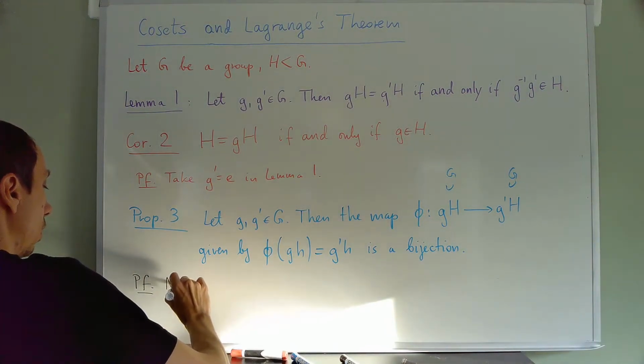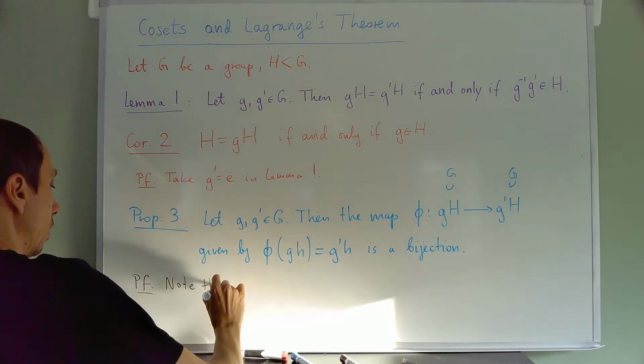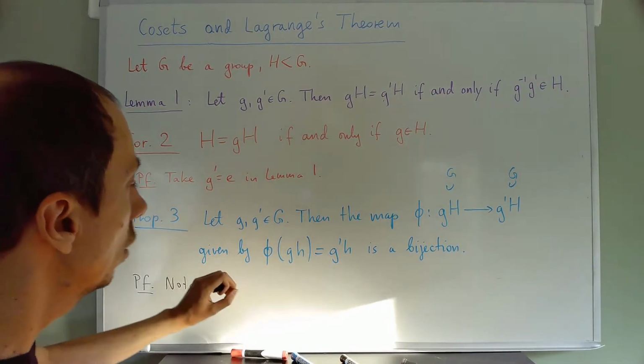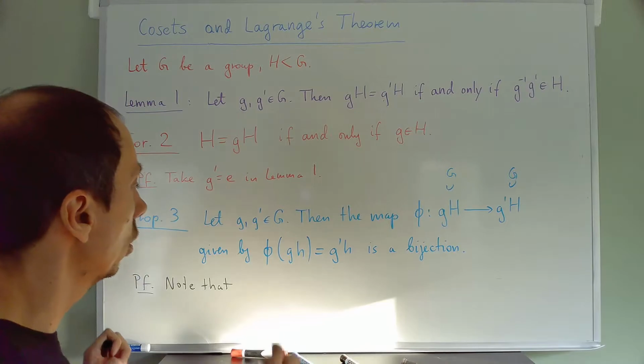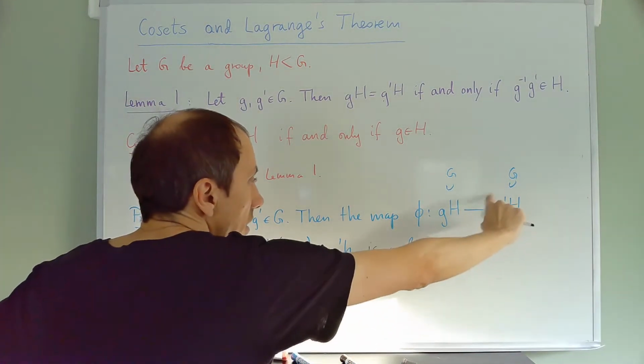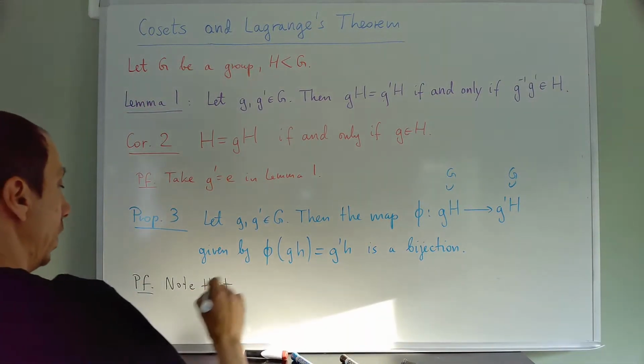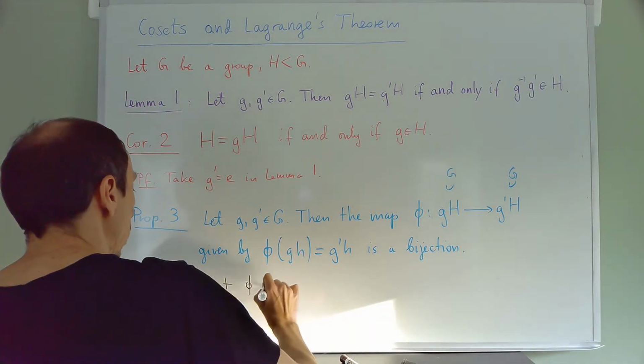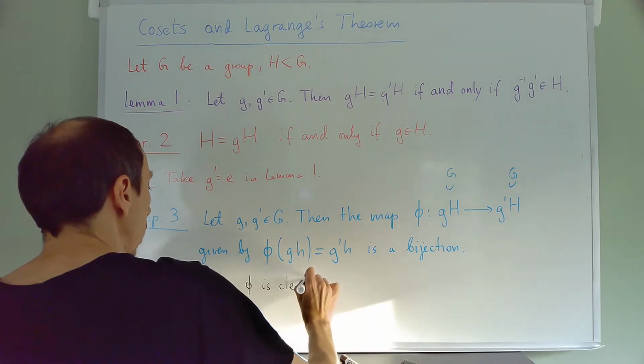So note that phi, I'm not even going to mention that it's well defined. I mean, clearly the image of gH is g'H, so it does lie in the correct coset. But note that phi is surjective. It's clearly surjective.